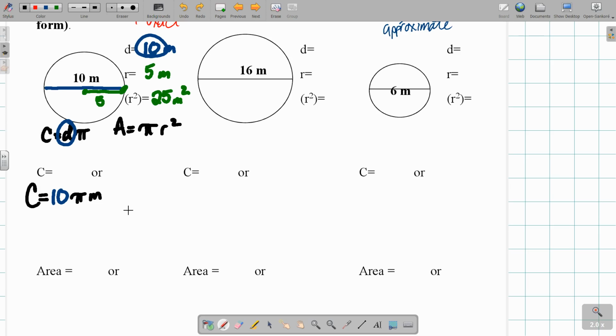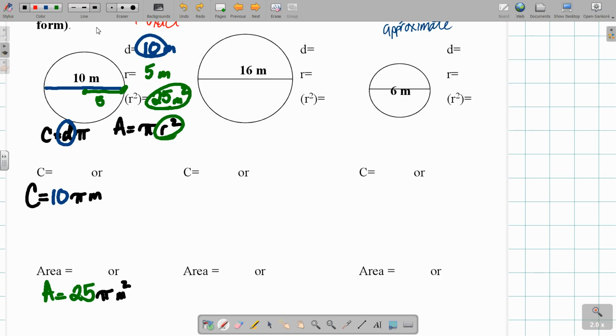It is the preferred form in the vast majority of future math and science classes. That's called exact pi form. Your area, pi r squared. We already have the r squared, so our area is going to be 25 pi meters squared. You're done.